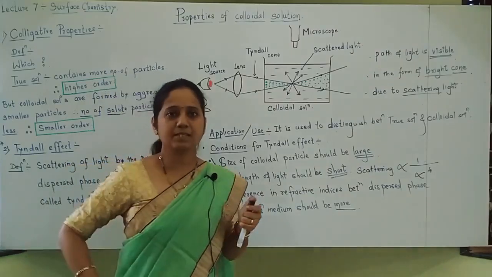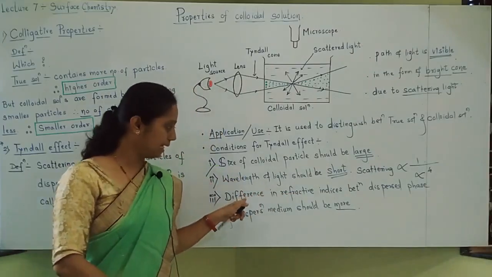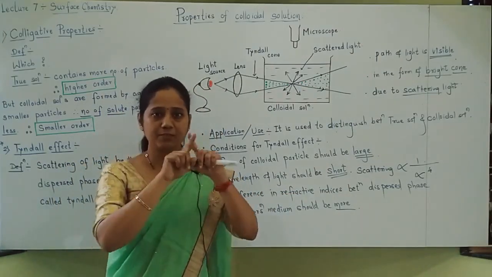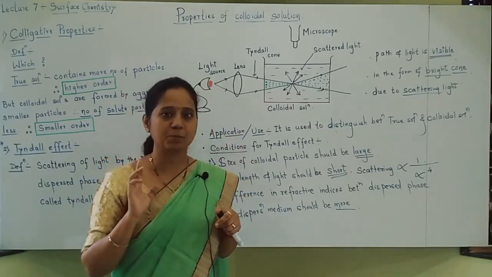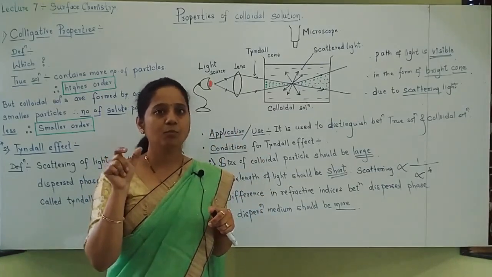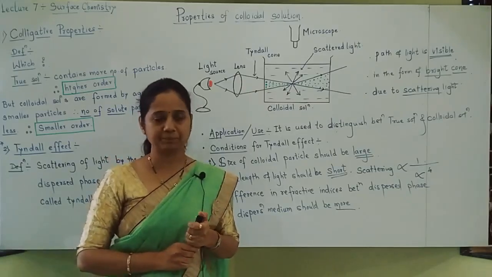Refractive index relates to the shining property of the particles. These are the two phases of a colloidal solution, dispersed phase and dispersion medium. Their refractive indices should have more difference. Then a much better Tyndall effect is seen.